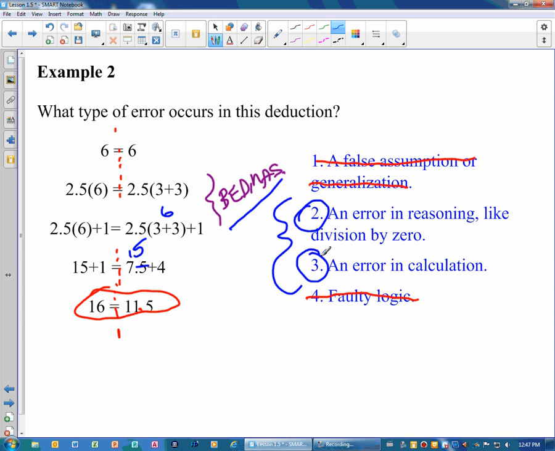Either an error in reasoning because they're not following known mathematical principles, or they're just not following BEDMAS properly, so they calculated wrong. Either would be acceptable as an answer. As you're looking through the practice and doing the quiz, you need to pick between the 4 different types of common errors, what type of error is in the proof. All right, that's section 1.5.